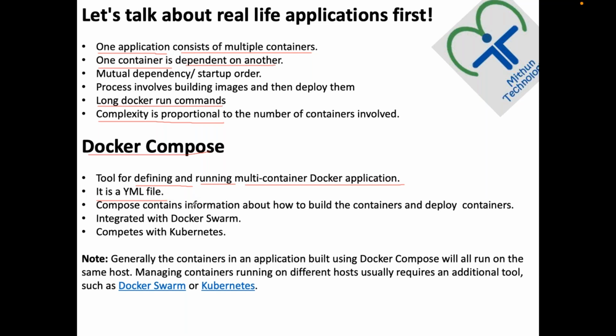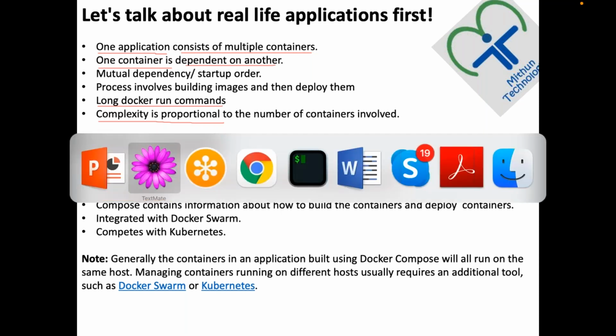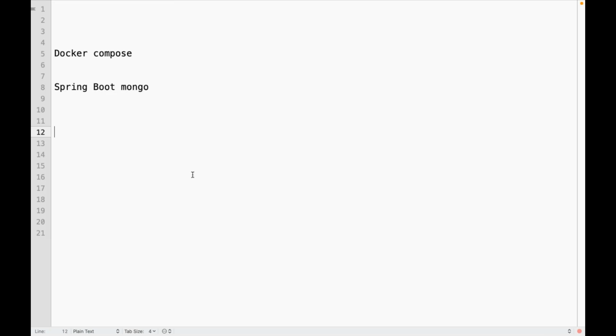That compose file contains information about what containers to be deployed. Sometimes in the interview they'll ask, what is the difference between a Dockerfile and a compose file? These types of questions you may get in the interview.